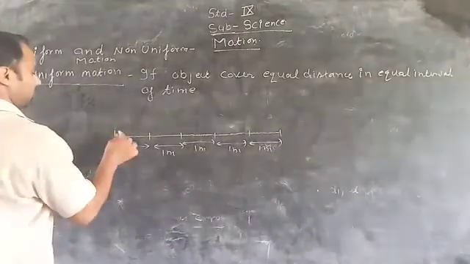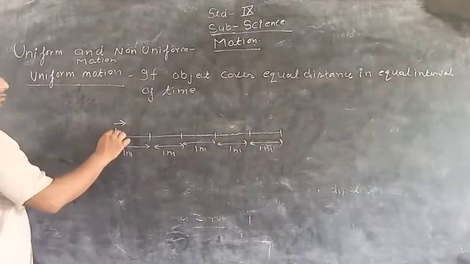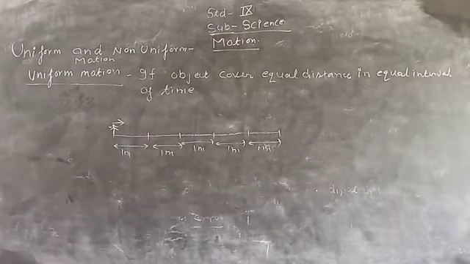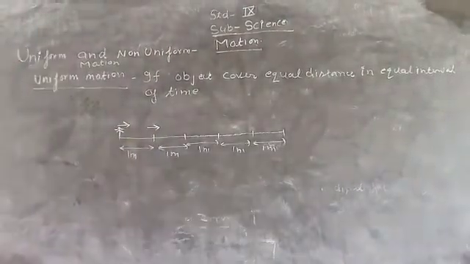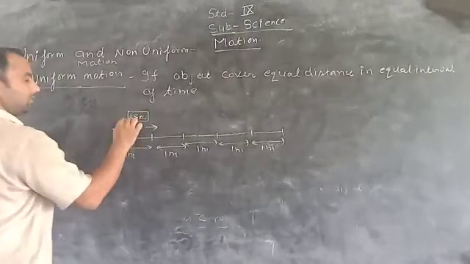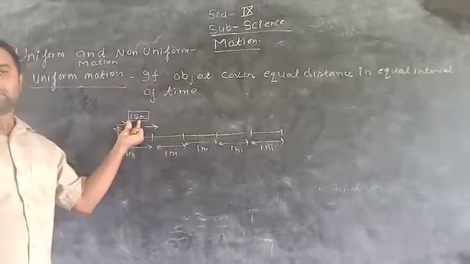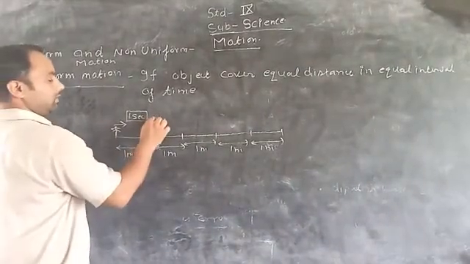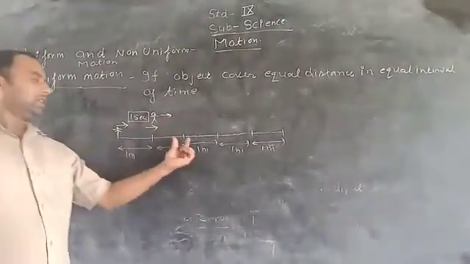If this is our particle and it is moving from here, and it covers from here to here taking a time of 1 second, it covered 1 meter distance in 1 second. After that, if this particle moves from here to here, it also covers 1 meter in 1 second.